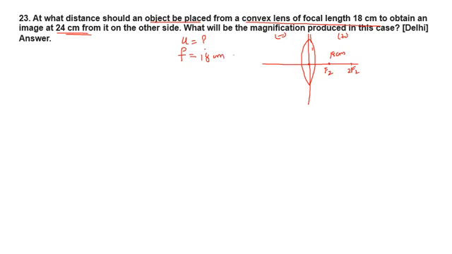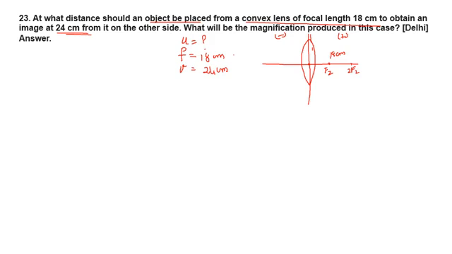And they have told that the image is formed, that is v is formed, at 24 centimeter. In case of a convex lens, the images are formed mostly on the right hand side, that is, v should be plus.